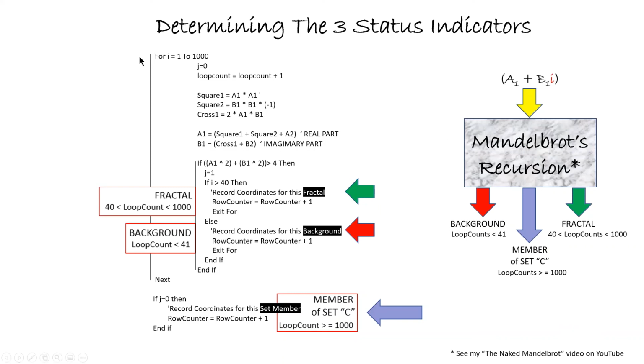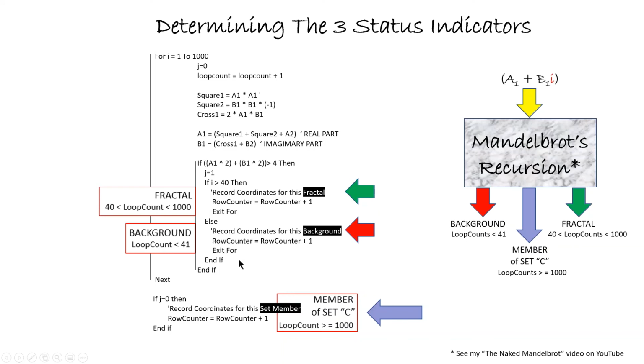So just for a review, we found out the fractals are border violators, and they're greater than 40 and less than 1,000. We also found out that backgrounds are border violators as well, but they are less than 41.